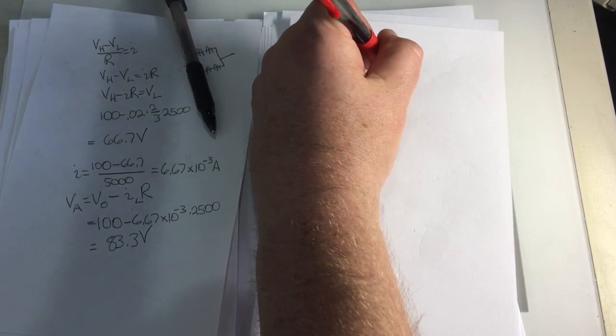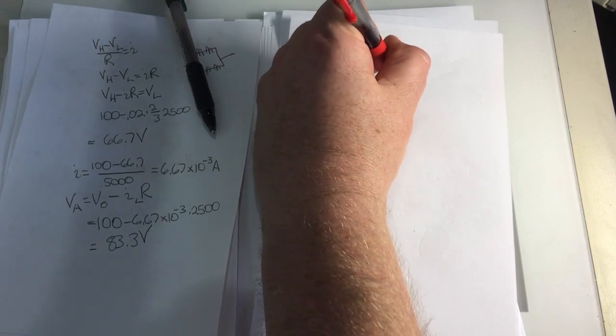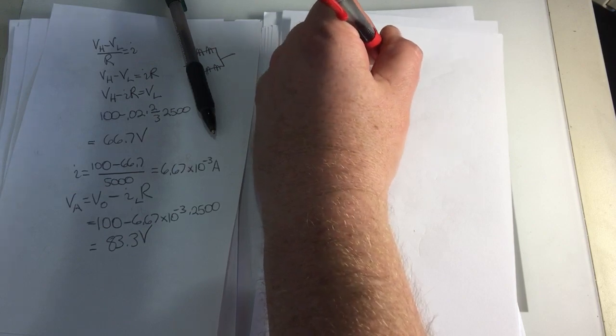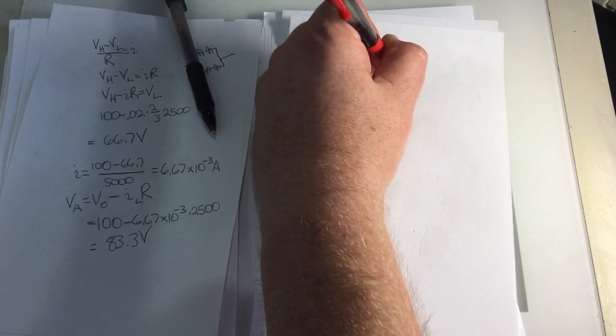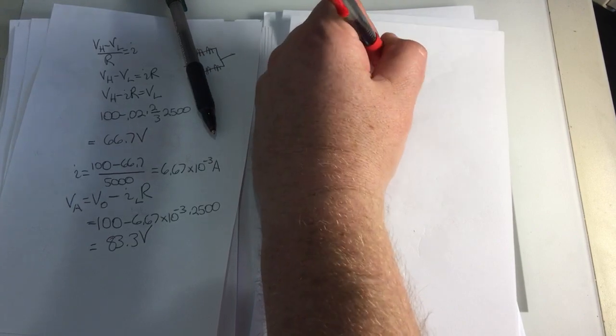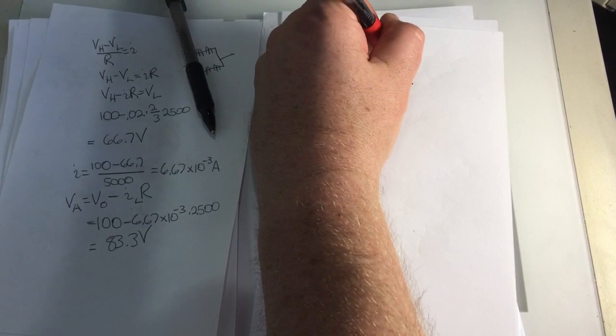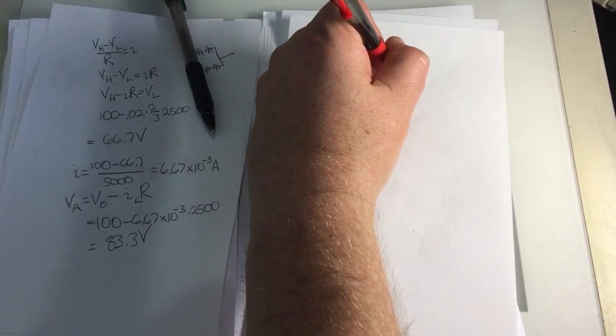And this one will produce a B field like this.